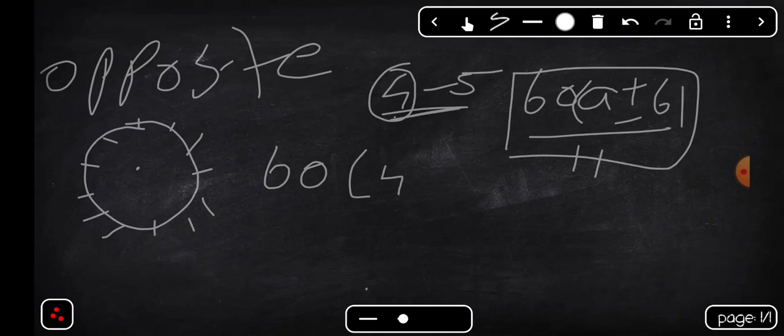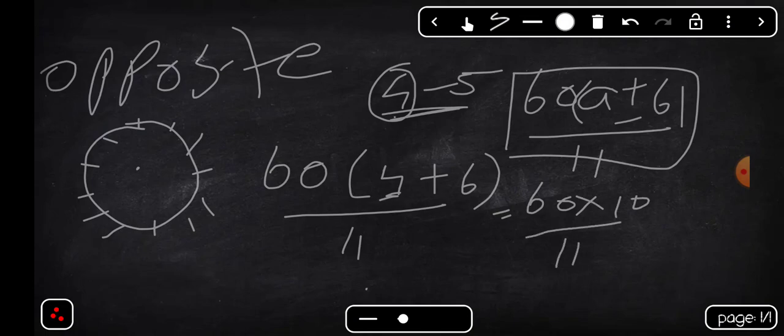Suppose the given time is 4. If A is less than 6, we have to use the plus. If it is more than 6, we have to use the minus, that is why it is called plus or minus. That means 60 into (4 plus 6) by 11, that means 600 by 11.